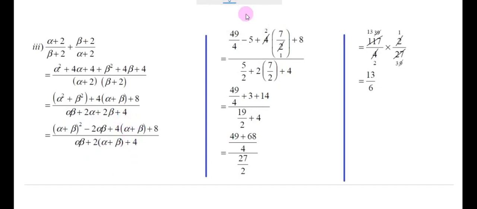Okay, now look, everywhere we get the variables alpha plus beta and alpha beta. Now let us apply their values. Alpha plus beta, it is minus 7 by 2, so 49 by 4. Now alpha beta value 5 by 2, so 2 cancel, so minus 5. Okay, now plus 4 into 7 by 2 plus 8, whole divided by 5 by 2 plus 2 into 7 by 2, so 49 by 4.